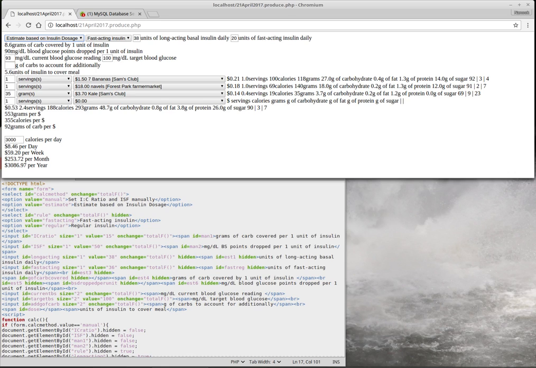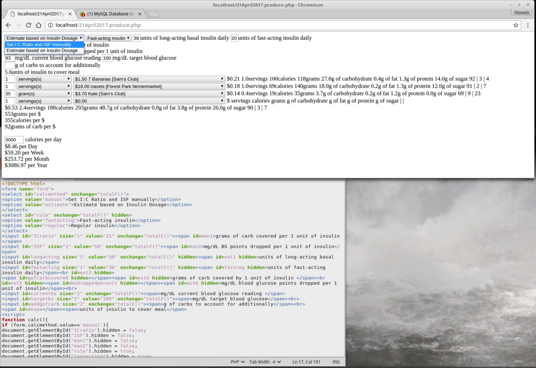This is only for people who take a regimen of one long-acting 24-hour lasting basal insulin shot, and then they either take fast-acting insulin or regular insulin to cover their meals. And the formula is different for the fast-acting and for the regular, so I put that in here.